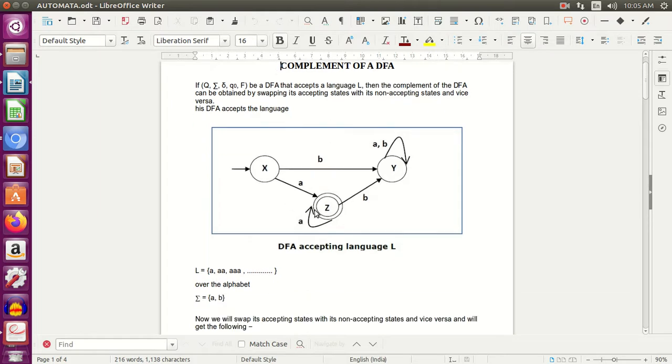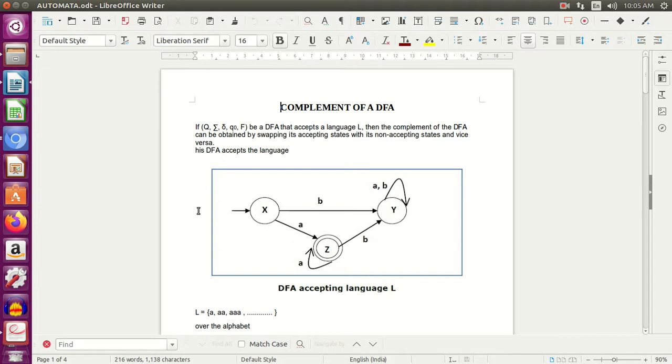So if this is the DFA for a language, first of all tell me, which kinds of languages are accepted by this DFA? Look at it carefully. Z is a final state and it's the initial state.